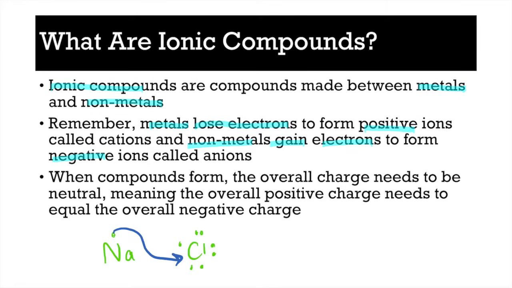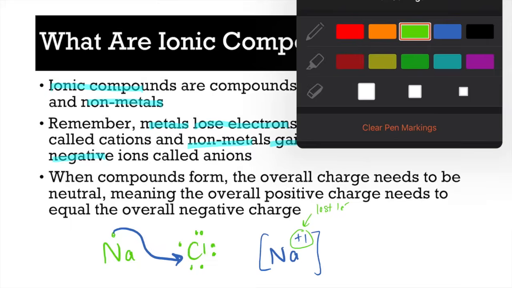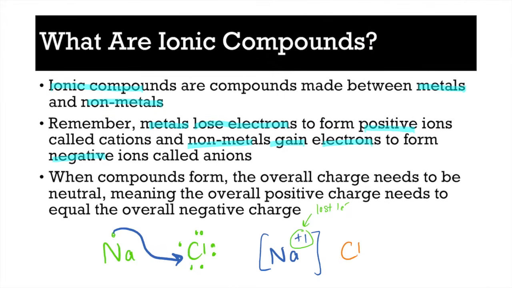Sodium will lose it, chlorine will gain it. So sodium will be +1. And remember that +1 means you lost one electron. And chlorine will now have all 8 electrons and will be -1.